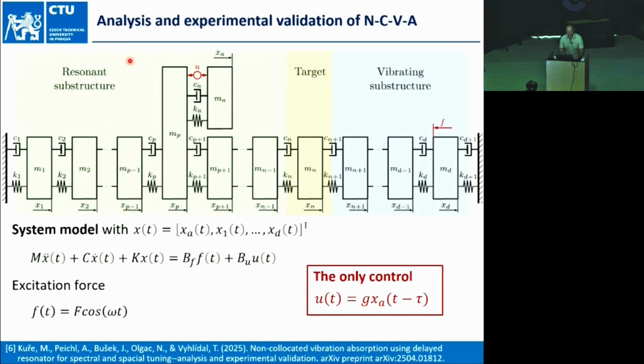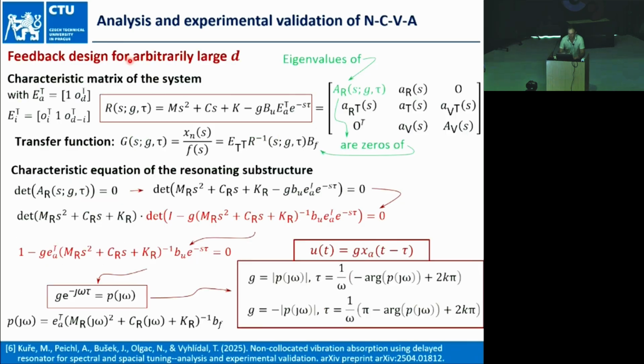Okay, so our main contribution to this work is the experimental validation on our setup, and also we designed or redesigned the tuning formulas for the setup with arbitrarily large sub-bodies.